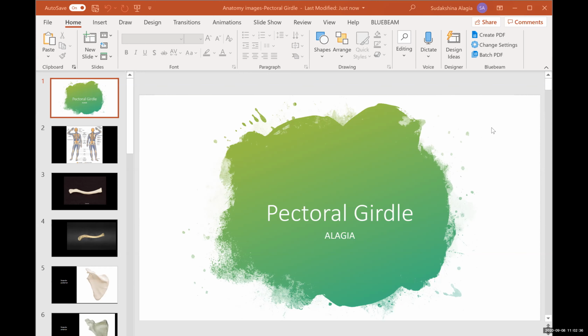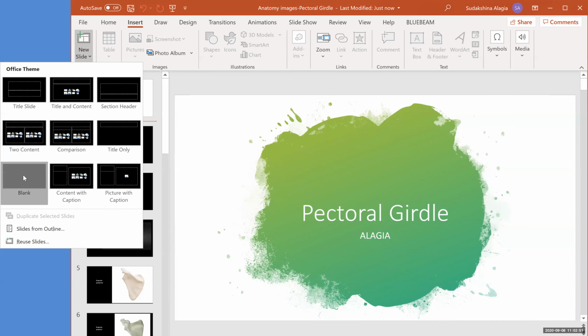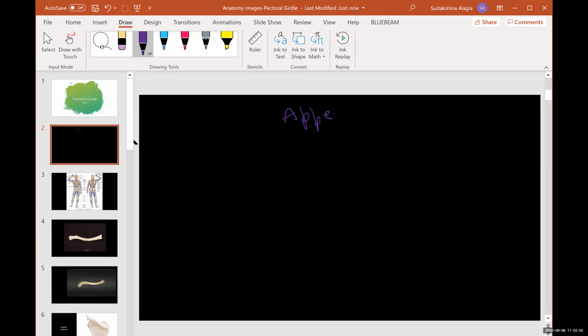Now we are starting the appendicular skeleton. So basically we had the axial skeleton so far. Now we are talking about the appendicular skeleton.